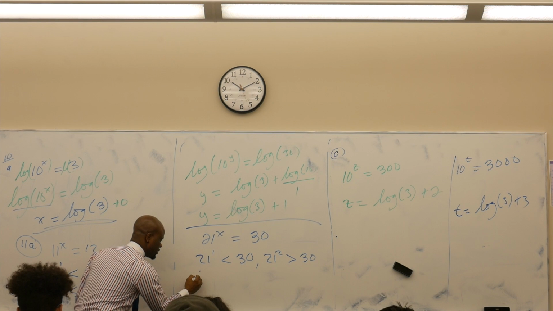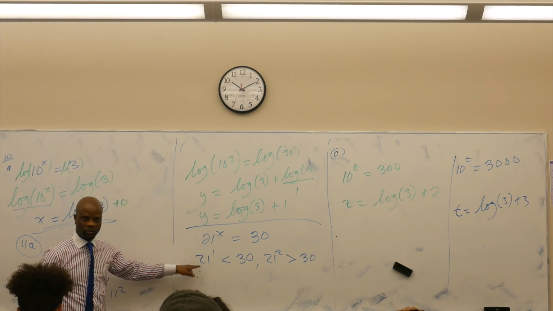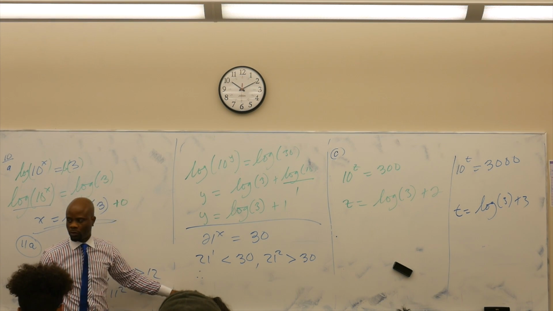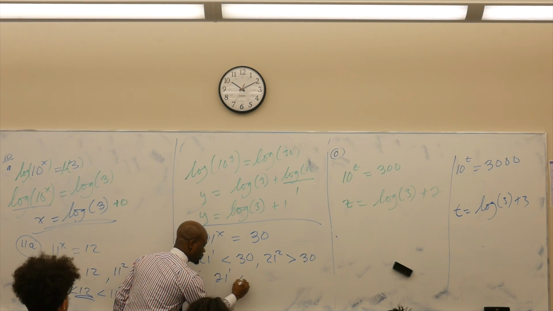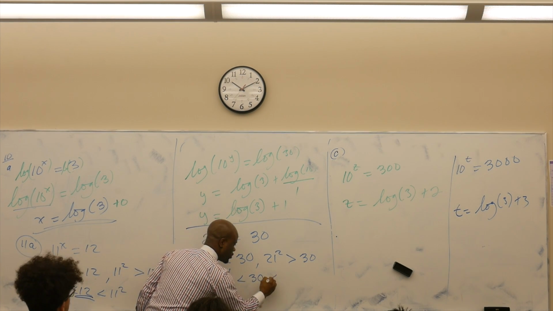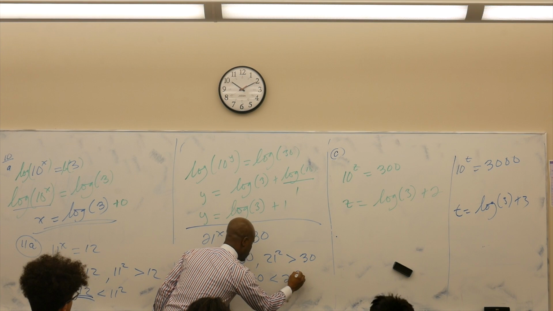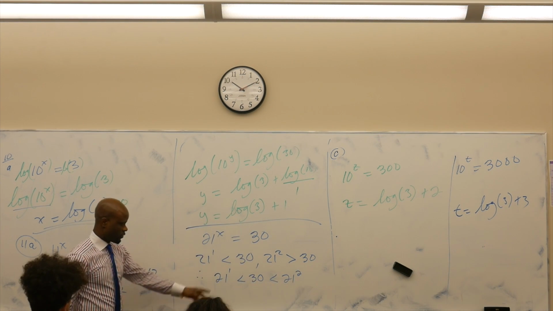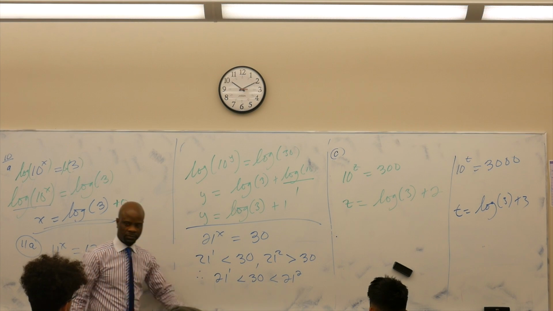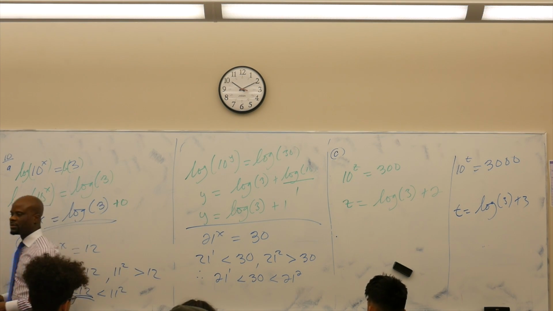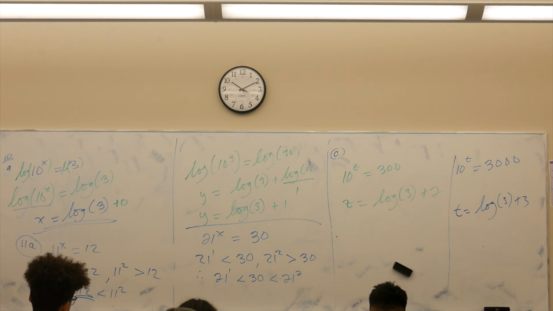So we can say, therefore, usually when I do these three-dot triangles, I mean therefore, 21 is less than 30, but 30 is less than 21 squared. So the power x is between 1 and 2, whatever that power is. And then you'll find that power in number 4.